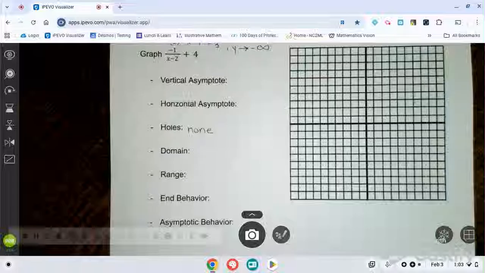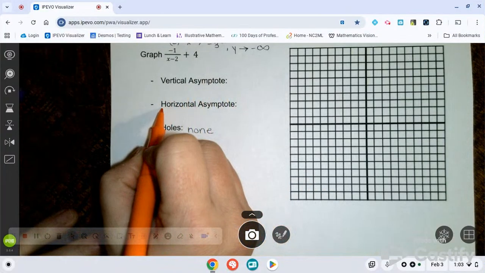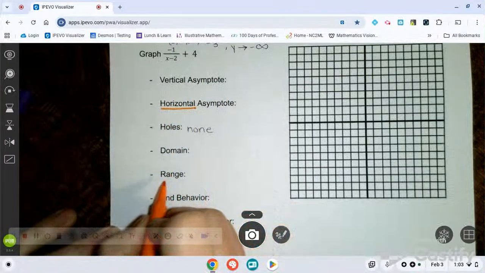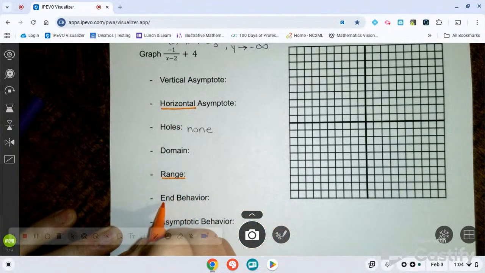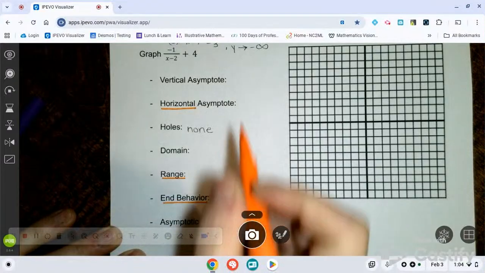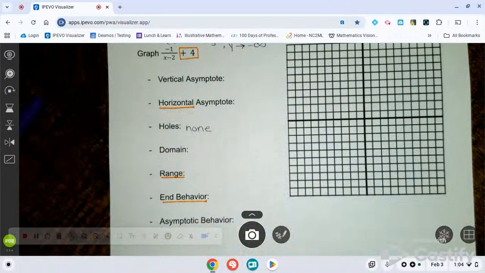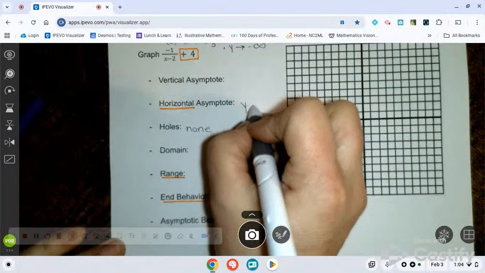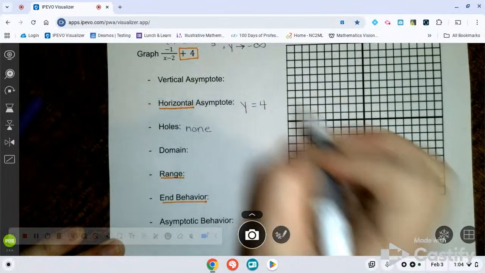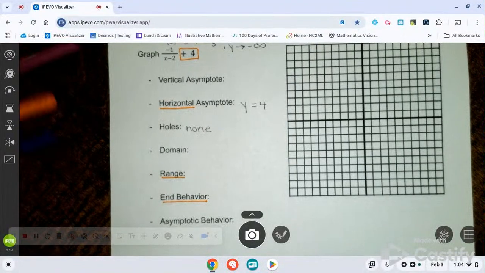Let me make sure I do my colors the same. Our horizontal asymptote is going to match up with our range and our end behavior. And that's going to be what vertical shift we have done. So this is moving our graph up and down. So here our horizontal asymptote is going to be y equals 4.